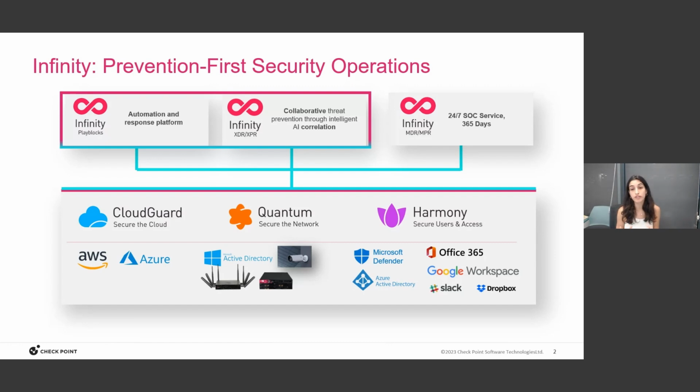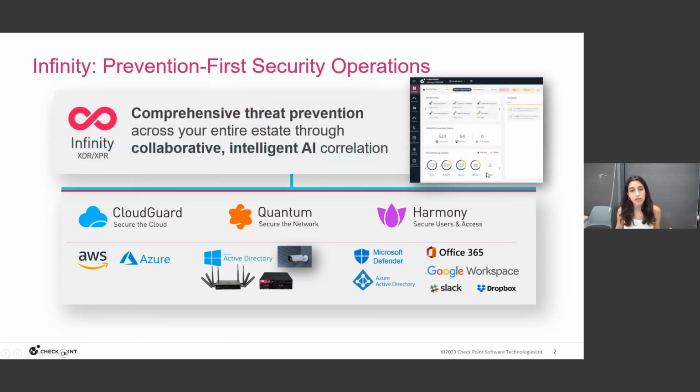Those services and products integrate with both Checkpoint solutions and, of course, third-party solutions. As mentioned earlier in that conversation, integration is very important to us, and we make sure that the product with all its benefits can serve a wide audience of customers. XDR XPR specifically is the comprehensive threat prevention platform that is integrated across the entire environment that gives collaborative security, collaborative prevention, using intelligent AI correlation.